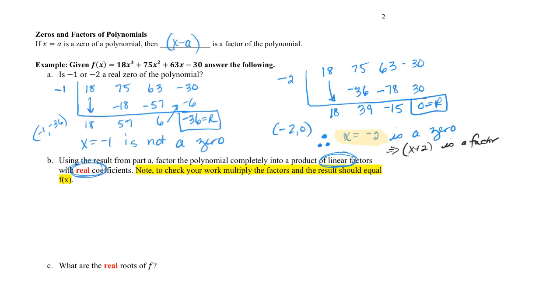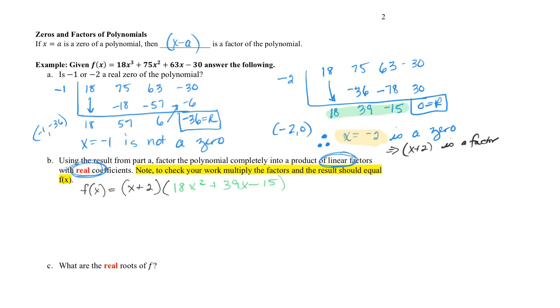So this polynomial f of x can be written as x plus 2 times the quotient. Remember, the quotient is here. So the quotient is 18x squared plus 39x minus 15.